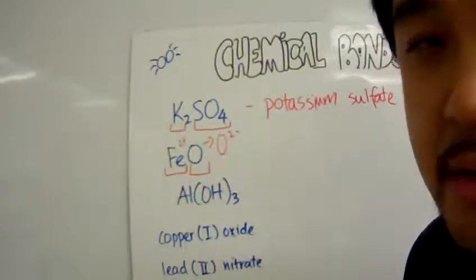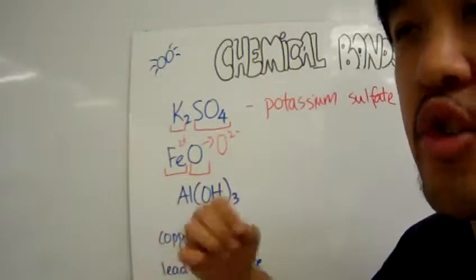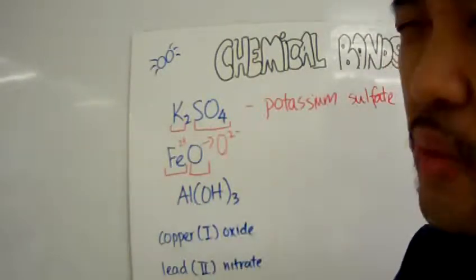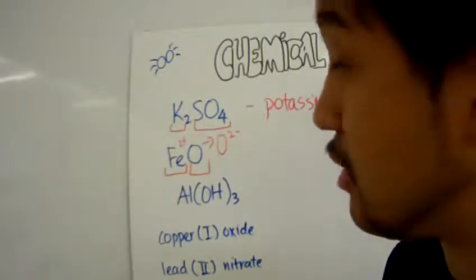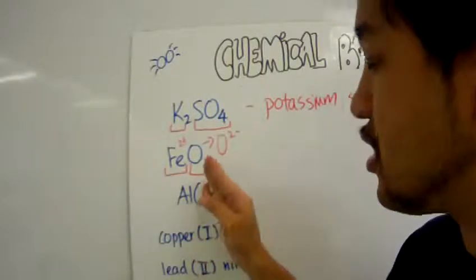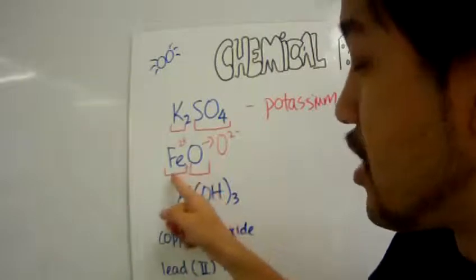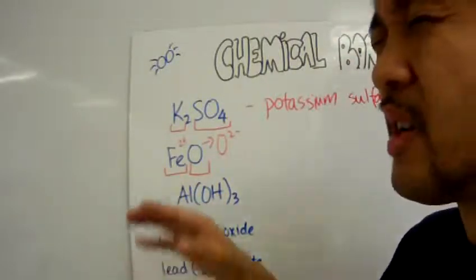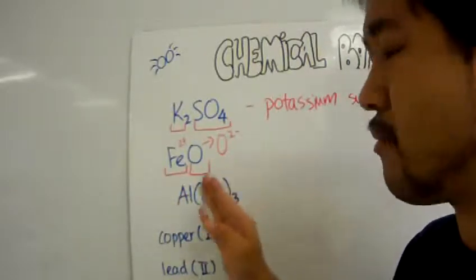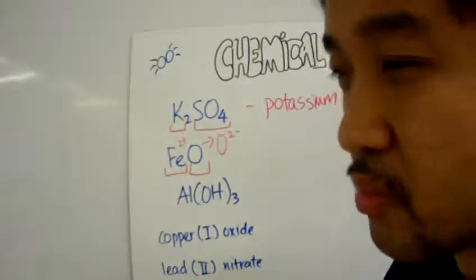And how do I know that? Well, the compound has to be electrically neutral. That means the charges have to balance out or cancel out. By looking at the formula, you can determine that there is one oxide and one iron ion. So if the oxide has a 2 minus charge, the iron must have a 2 plus charge.